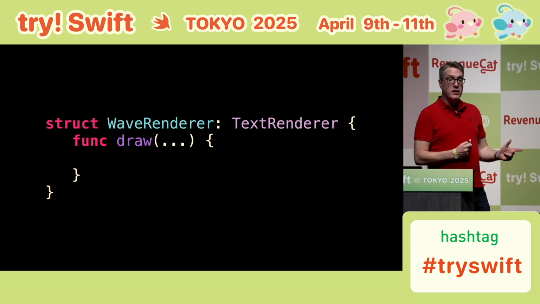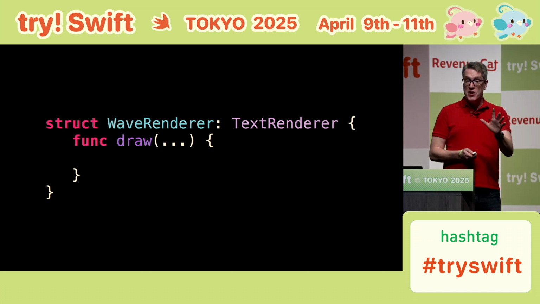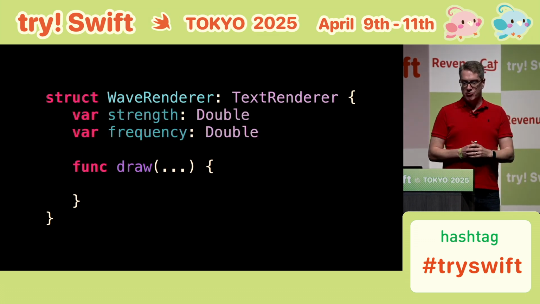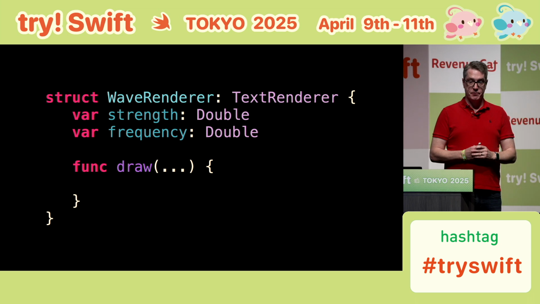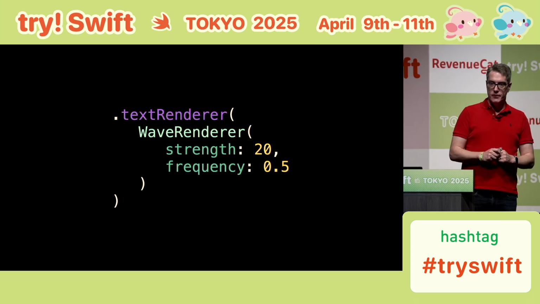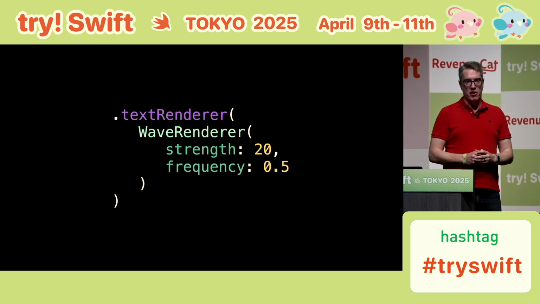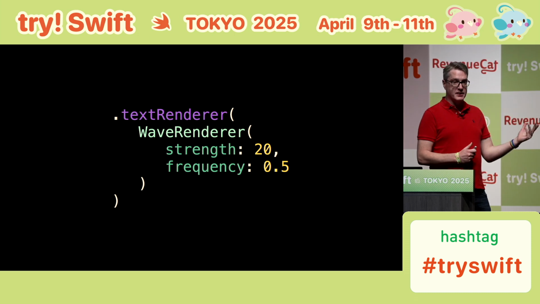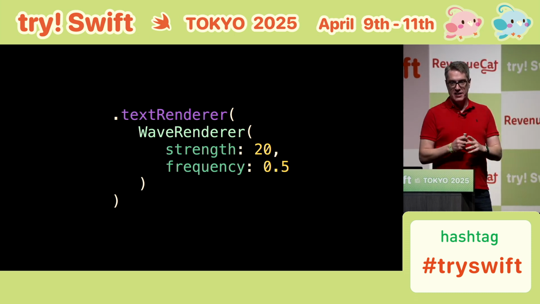How much will be controlled through strength and frequency values to make it customizable. So we want to add properties to track those two values. We'll then change our TextRenderer modifier so we pass in values for those things. I'll use 20 and 0.5 just to get us started.